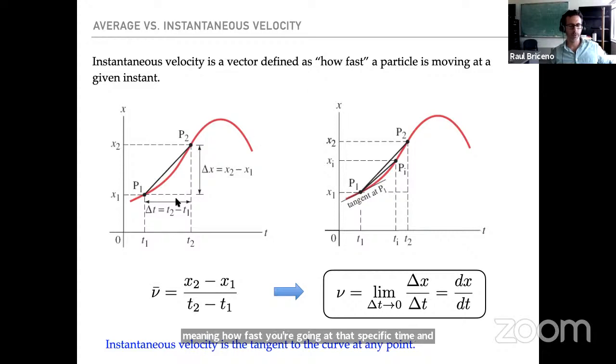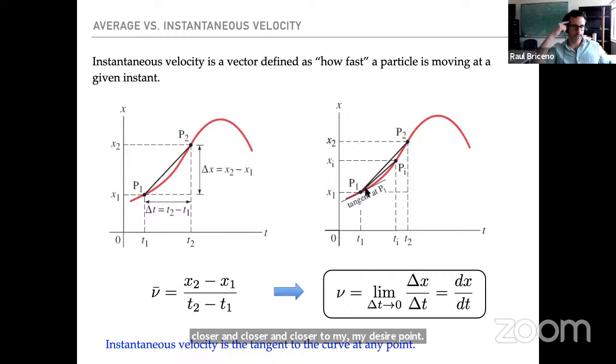And the way that you would calculate that is, let's say that I'm interested in the specific time P1, right? Well, I can approximate the velocity by just looking at the height over run for some specific point, and then just start to shift that point closer and closer and closer to my desired point.